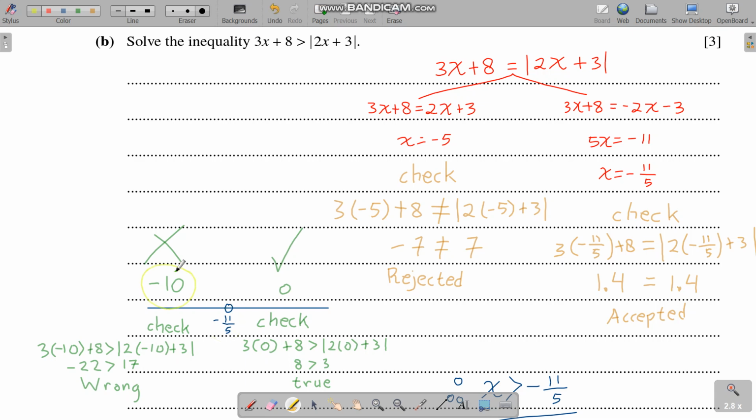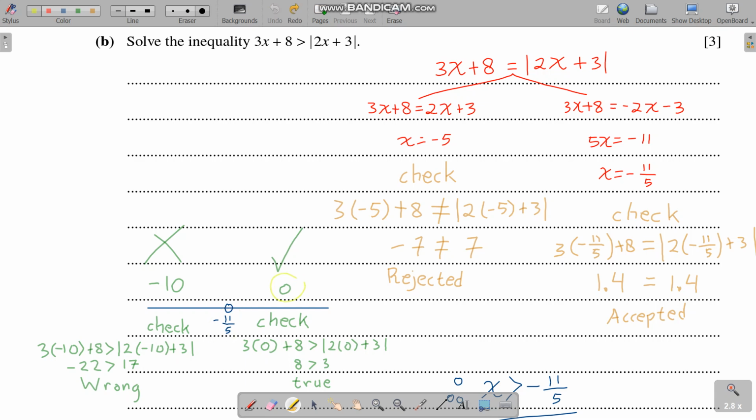For example, minus 10. So you replace this x and this x with minus 10, and you check using your calculator what do you get on the left and on the right. In this case, we get minus 22 greater than 17, which doesn't make sense, so this is wrong, which means we cannot use this interval on the left. And for the interval on the right, you can use any random number greater than minus 11 over 5.